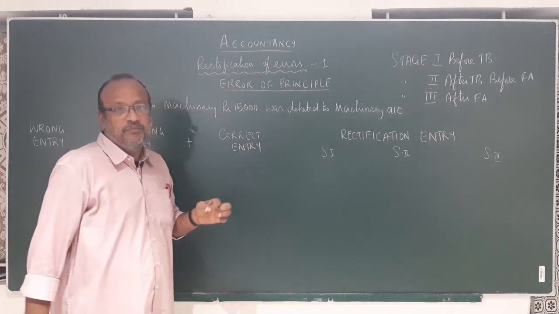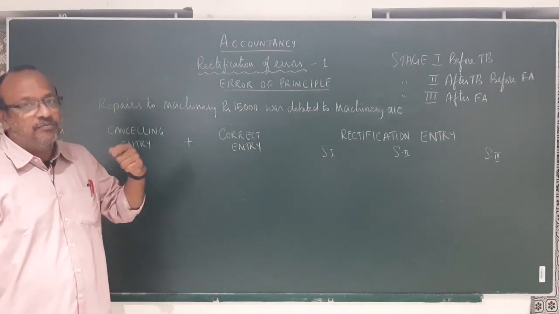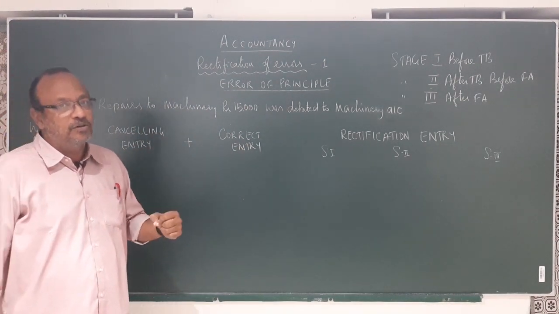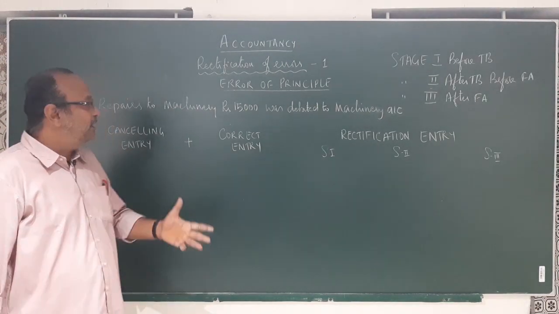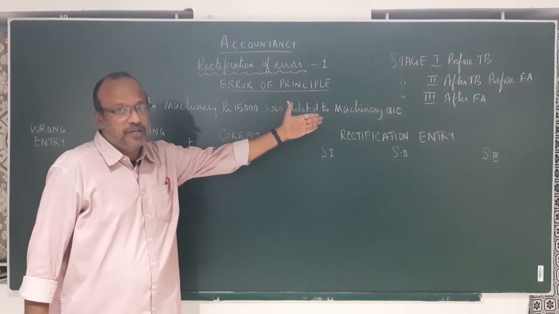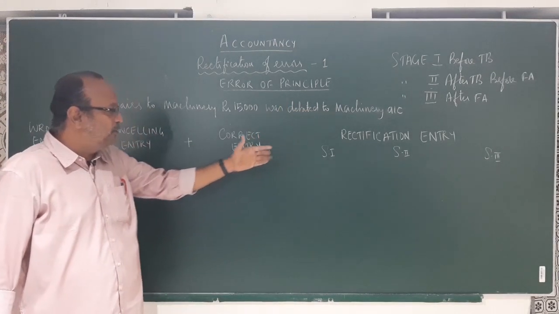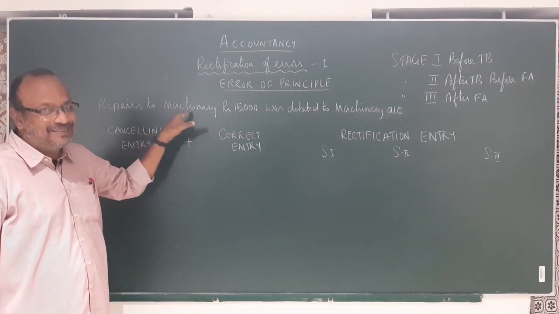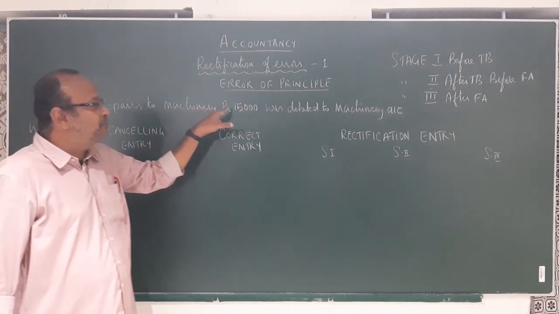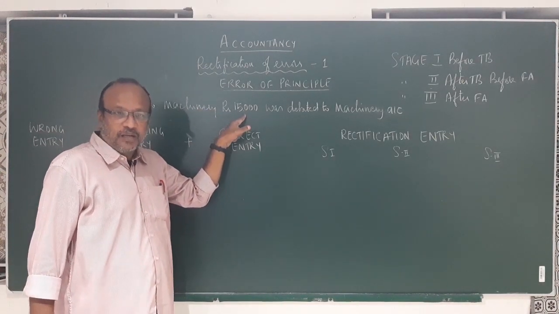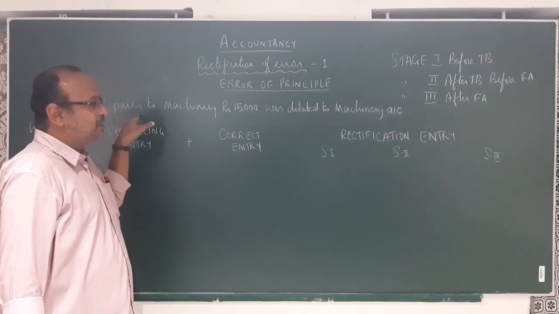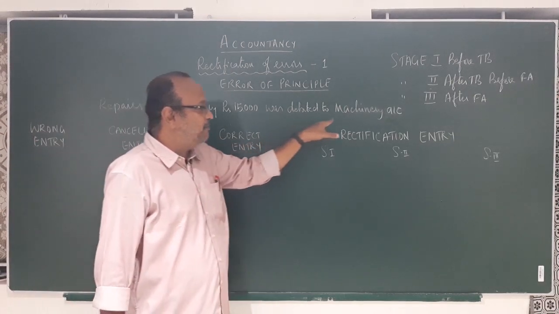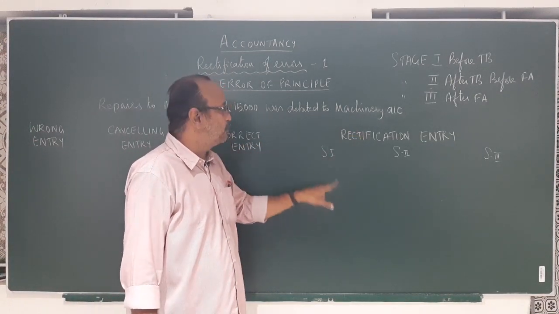Immediately on purchase of a machinery, if we are spending some amount on its overhauling, then it will be debited to machinery account. But now it is just repairs to an existing machinery. So this 15,000, it is a nominal account. Repairs account should be debited. Instead of that, we have debited machinery account.